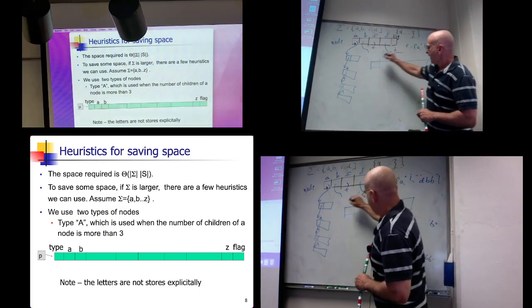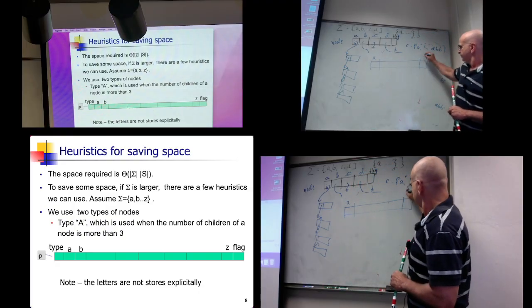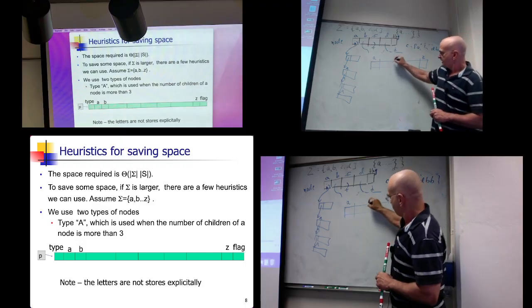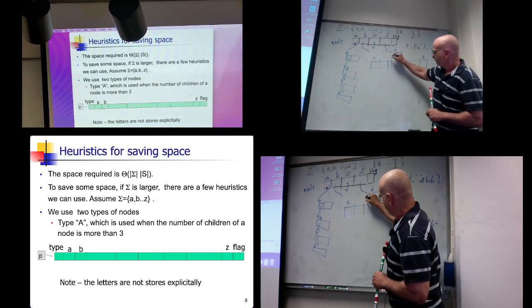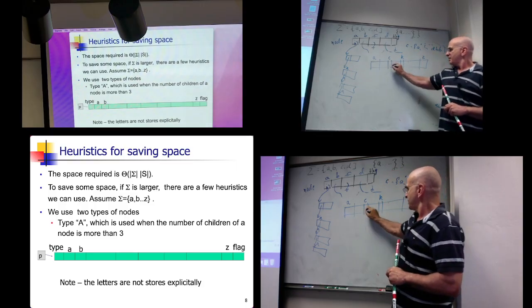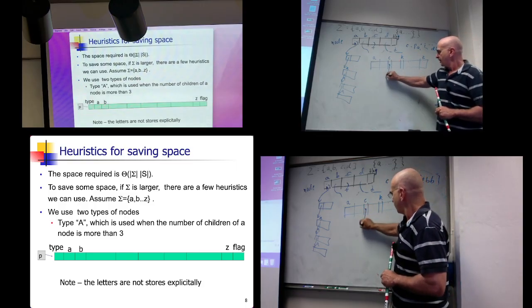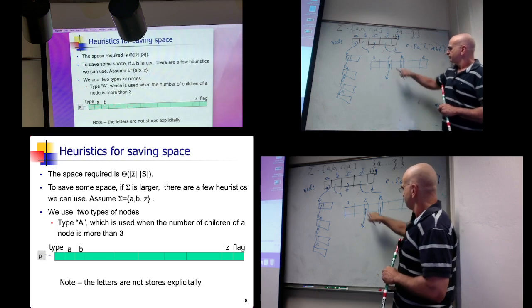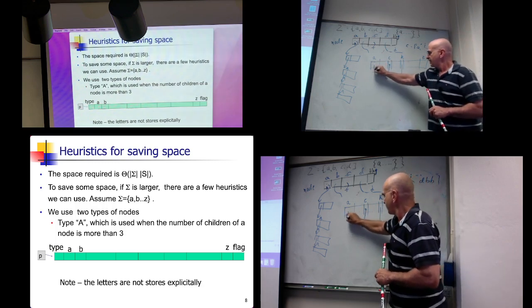In the case of A to Z that we had before, let's say that only C and K are the only non-null pointers, only C and K, and everything else is null.